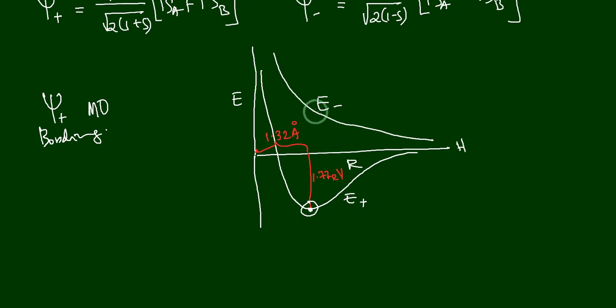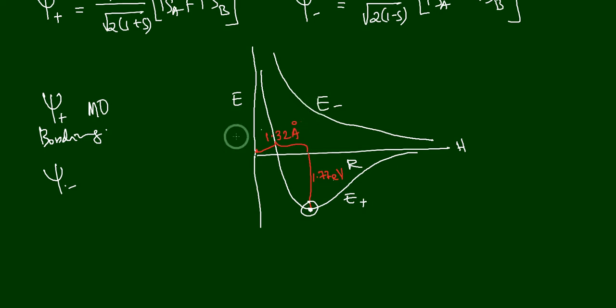Therefore, if the electron is going to sit in the orbital corresponding to E minus, means in the psi minus orbital, then it is leading to an unstable state. Means the electron would have a lower energy if it was staying in the hydrogen atomic orbital, and after forming the molecule, it is being pushed to stay in a higher energy orbital, psi minus.